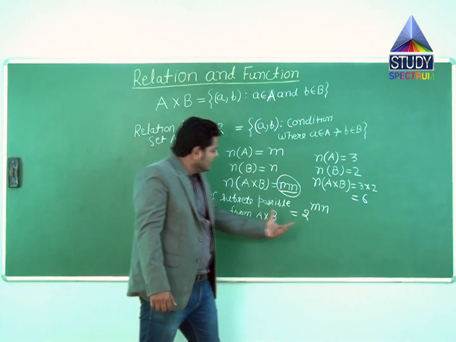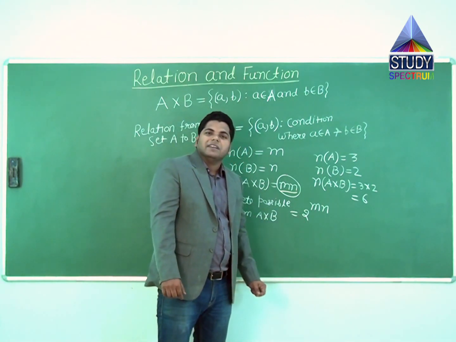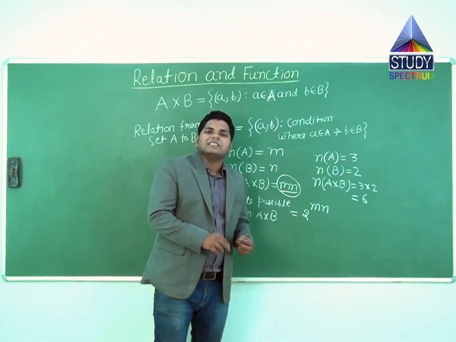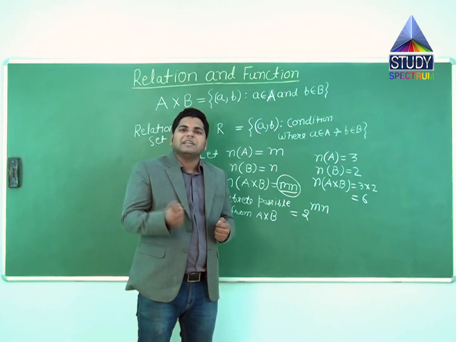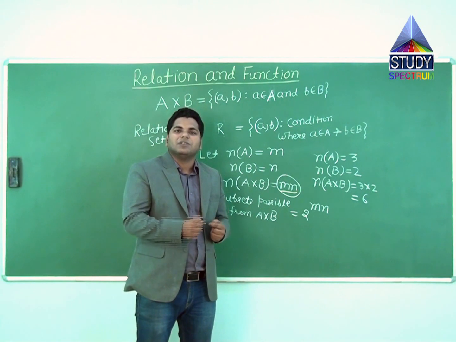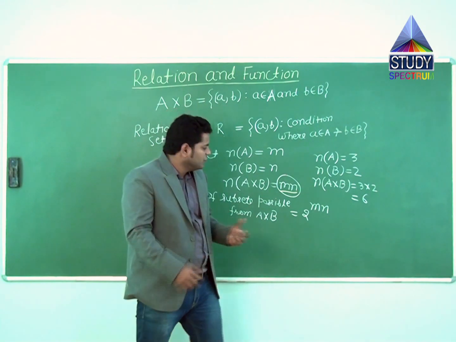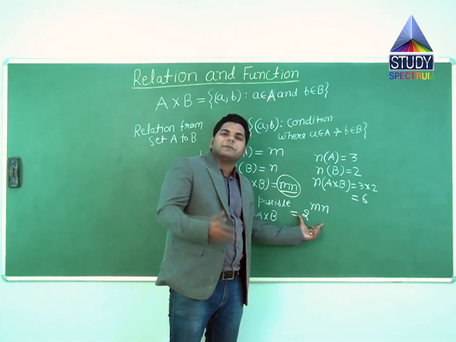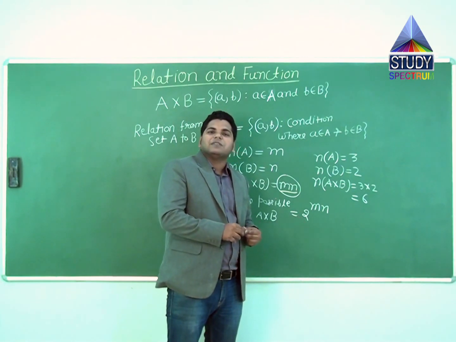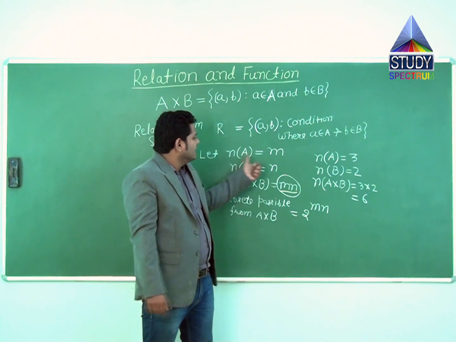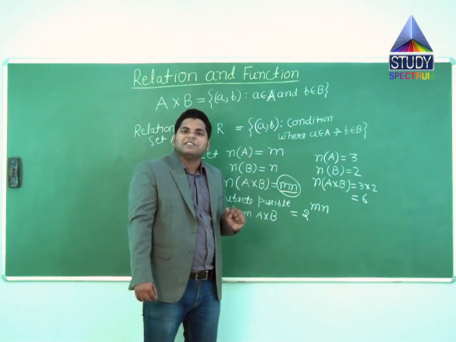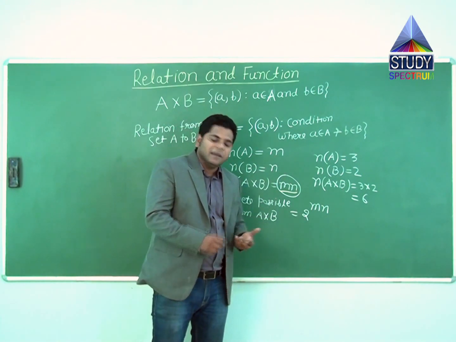The possible relations are 2 to the power mn, because a relation is a subset of A cross B, and A cross B has mn elements. So the number of relations possible from set A to B will be 2 to the power mn.